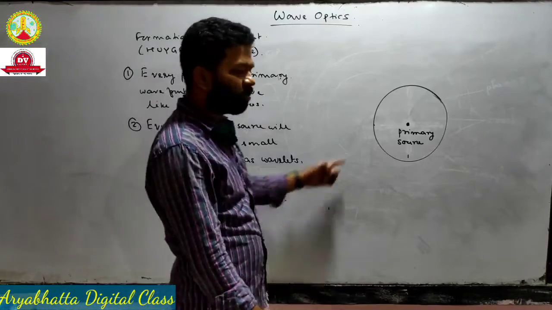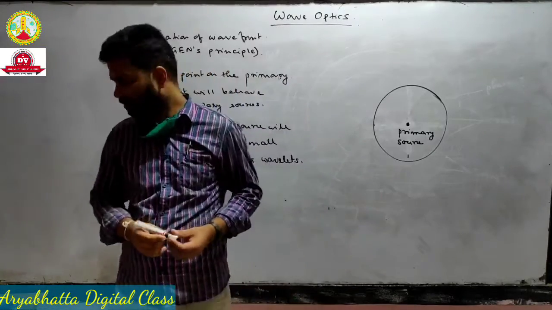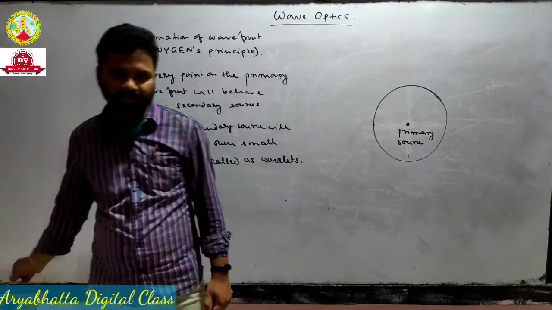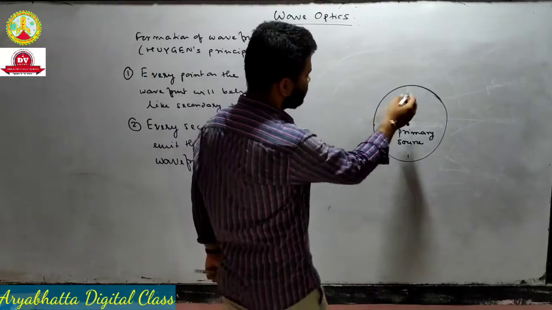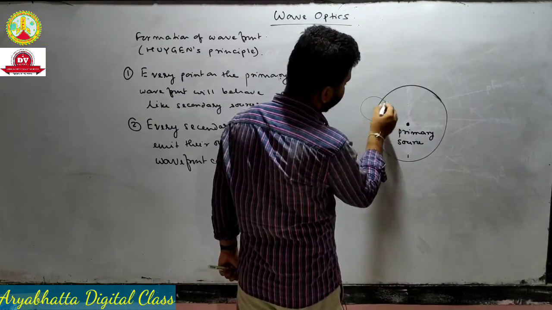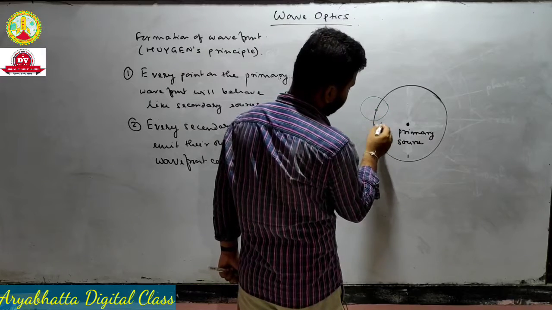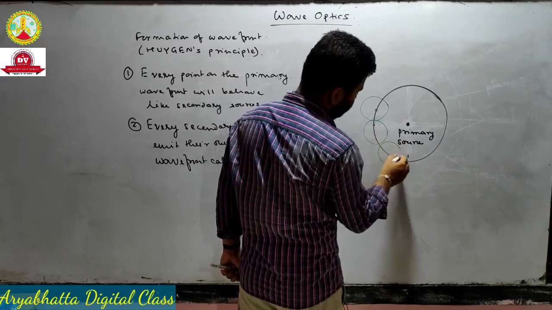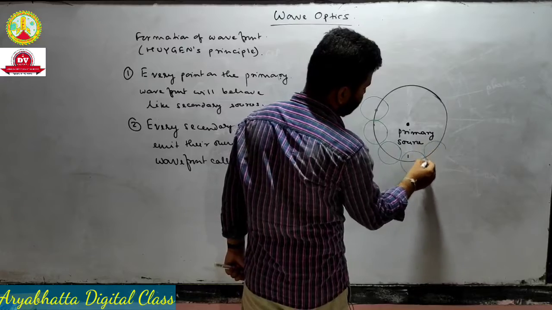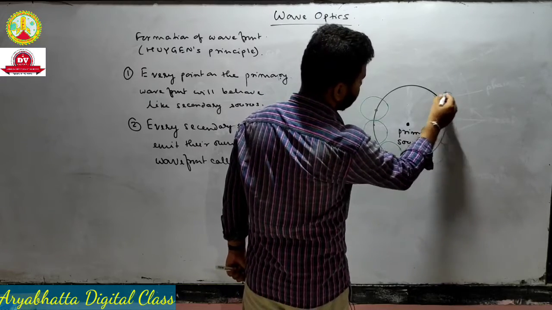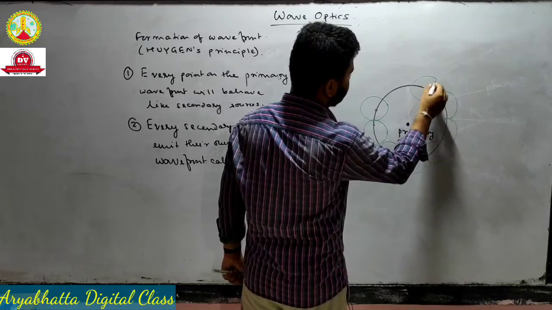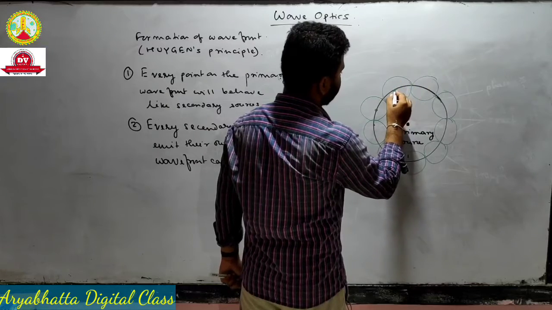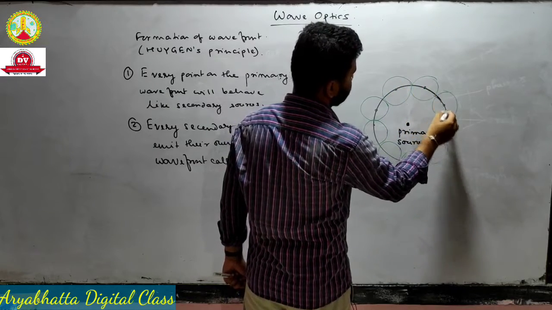तो हम यहाँ पे अभी ड्रॉ करेंगे. What we will draw? We will draw the wavelets. So this is, suppose, one wavelet. यहाँ पे मान लो एक source था. This is another one. This is another one. So these are the small wavefronts due to this source, this source, this source.